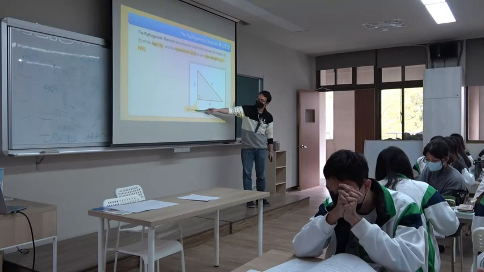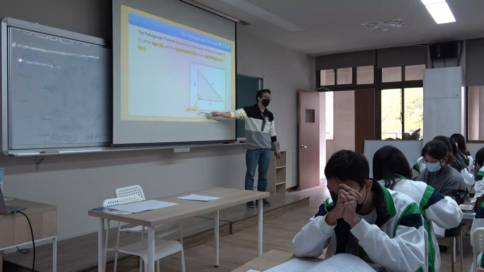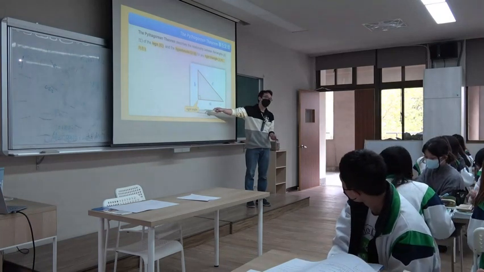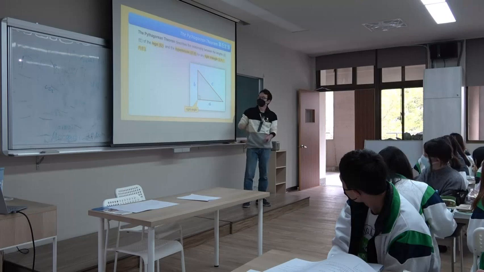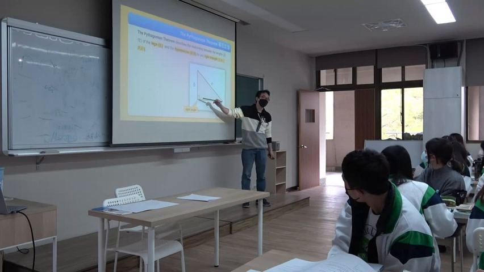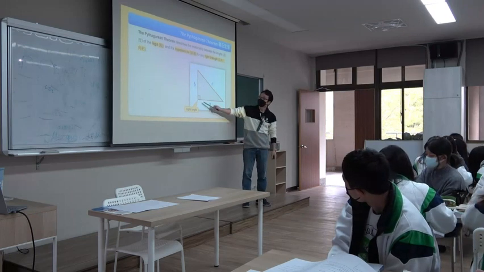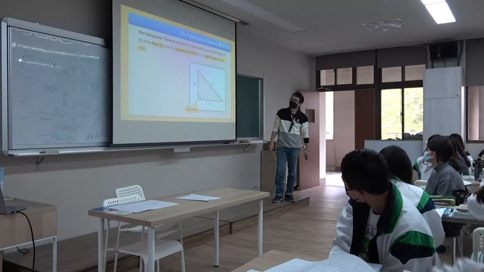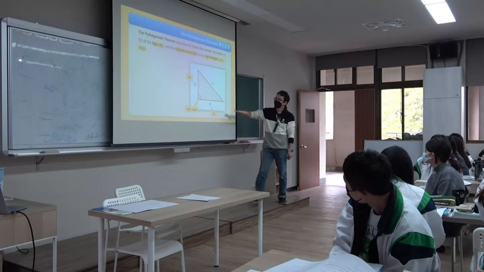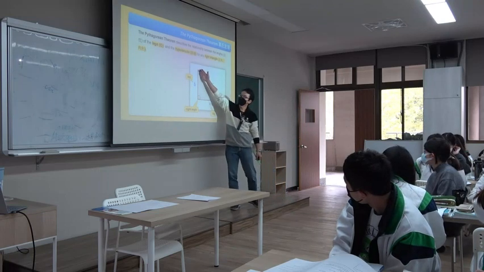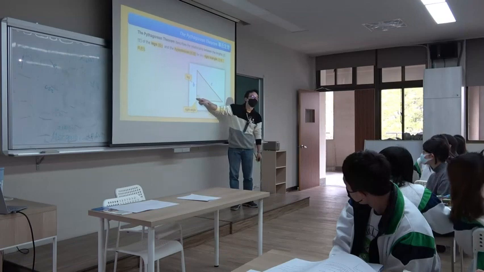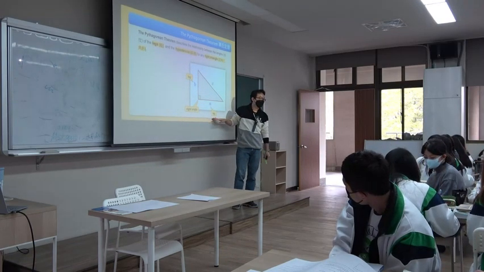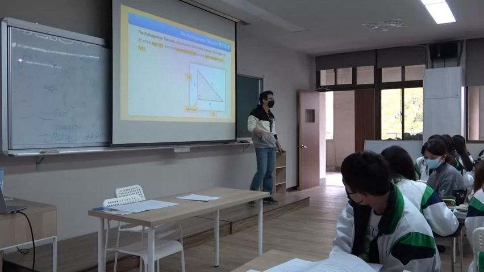This is the right angle. It is an angle with 90 degrees, and we use this symbol to indicate the right angle. Okay. And the two sides that form the right angle are called legs of the right triangle.